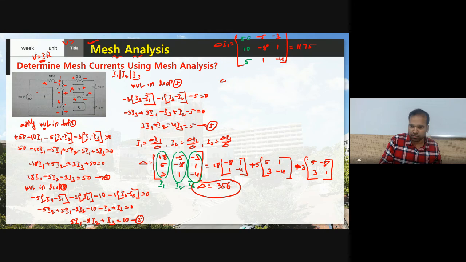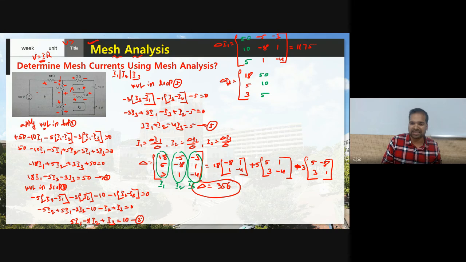Now in order to write delta I2, what do we need to do? Instead of the I2 terms, you need to write the constant values: 50, 10 and 5. The remaining I1 and I3 terms are the same as in delta. The I1 terms are 18, 5 and 3 from equations 1 to 3.